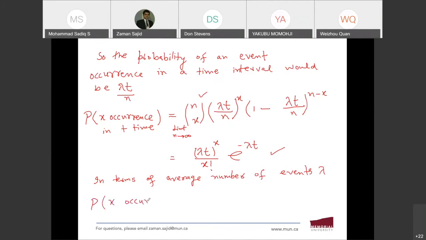Now we are not talking about the time in this formula. It is based on the number of events. It will be lambda power x over x factorial times e power minus lambda. So this is when you have the time involved, and this is when you have the number of events involved. Okay, I'm going on the next slide, please.